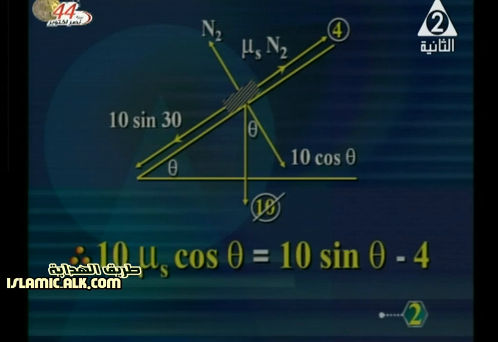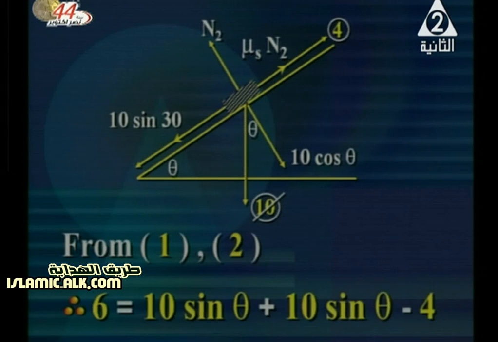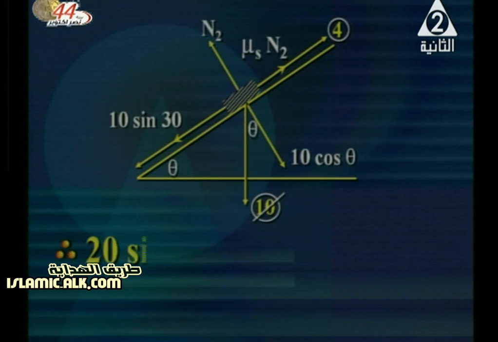By using the two equations, we obtain the second equation, 10 mu s cosine theta equals 10 sine theta minus 4. From equations 1 and 2, we deduce that 6 plus 4 equals 10 sine theta plus 10 sine theta, therefore 20 sine theta equals 10.